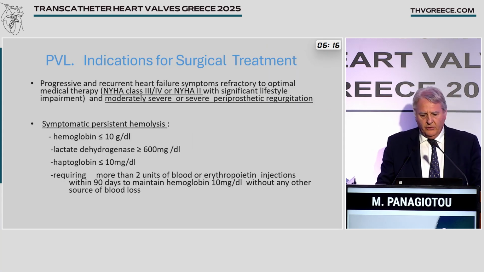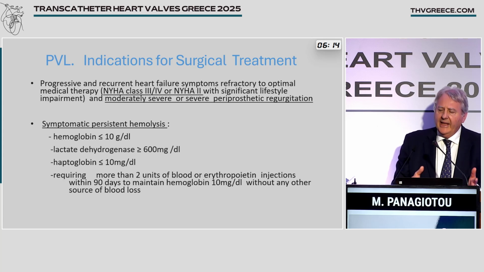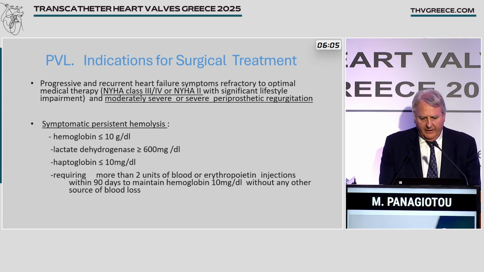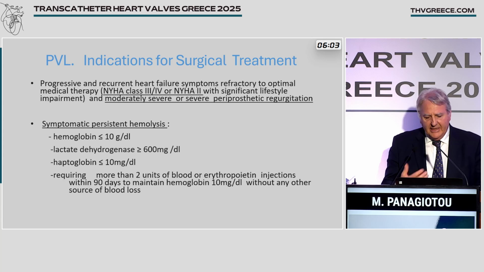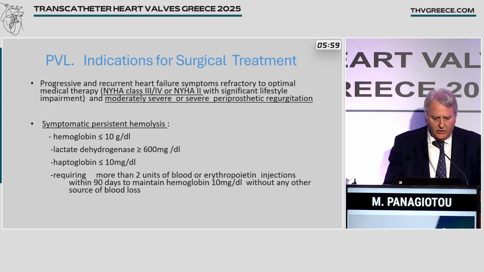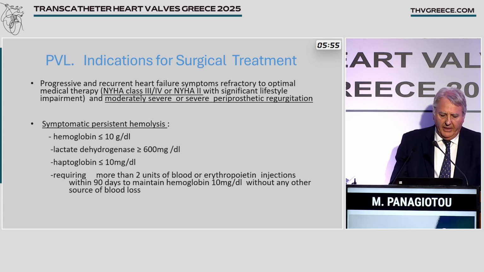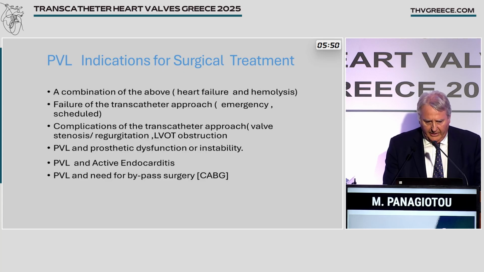What are the indications? Moderately severe or severe periprosthetic regurgitation with heart failure symptoms, progressive and recurring symptoms. Persisting hemolysis with low hemoglobin, increased LDH, decreased haptoglobin, and requirements of blood units.